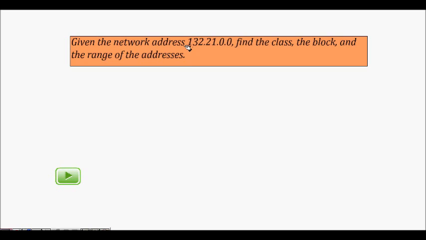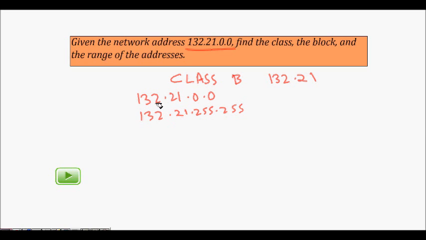Exam time again. 132 is between 128 and 192, so this will be class B. Network ID is the first two bytes, 132.21, and the range of addresses will be 132.21.0.0 till 132.21.255.255. So this is a class B address.